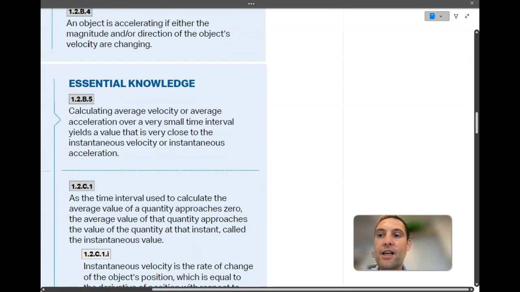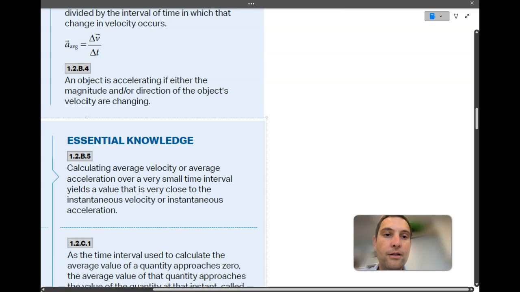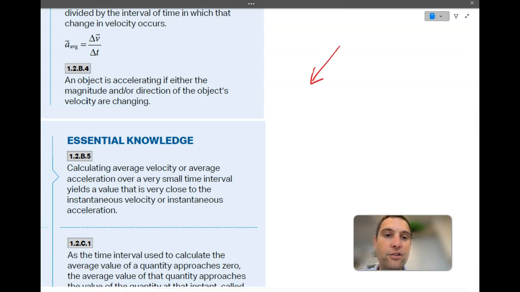An object is accelerating if either the magnitude and or direction of the object's velocity are changing. We saw that when we have an object with a velocity in this direction, but a constant speed, yet there is an acceleration acting towards the center, which later on we called a centripetal acceleration, that is going to change the direction.